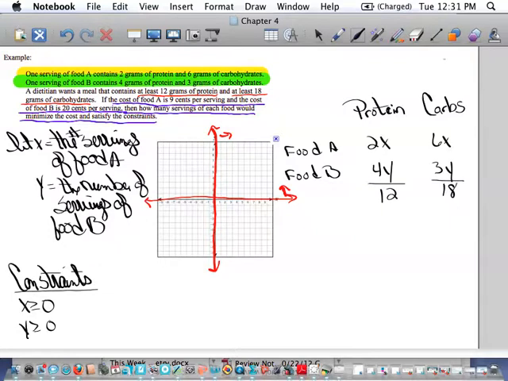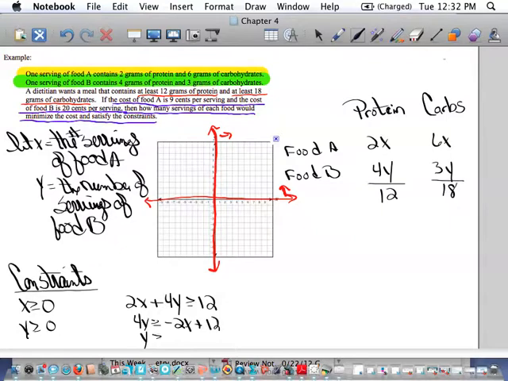So now this one says at least. So my first equation is going to be that 2x, so the number of grams of protein times the servings of food A, plus 4y, the number of grams per serving times the number of servings, has to be greater than or equal to 12. So when we solve this for y, we get 4y is greater than or equal to negative 2x plus 12.